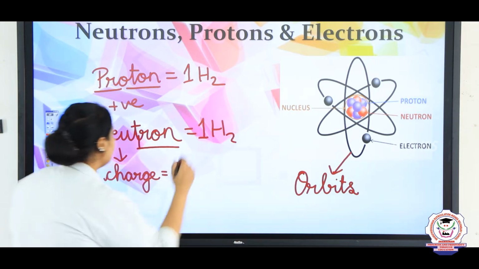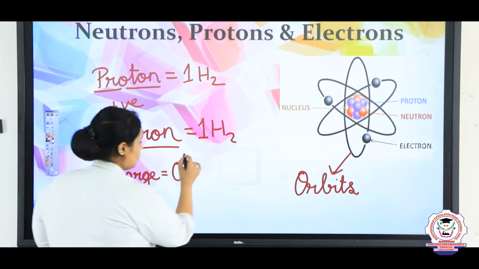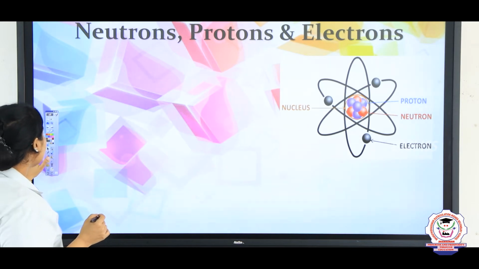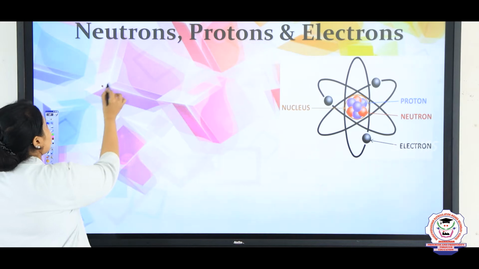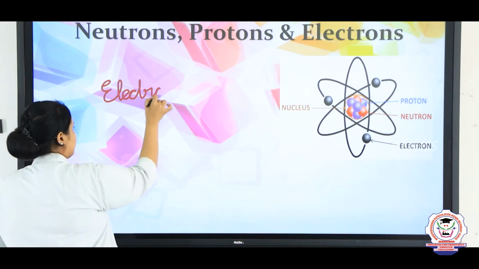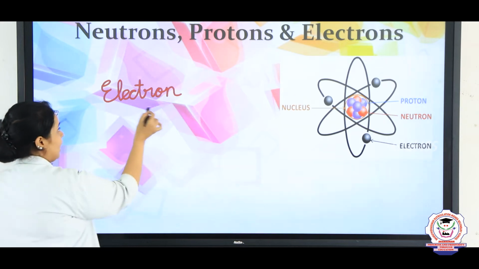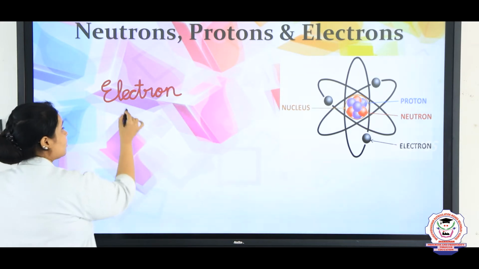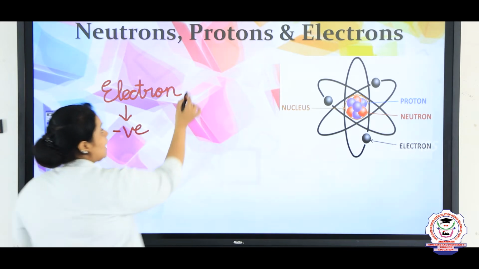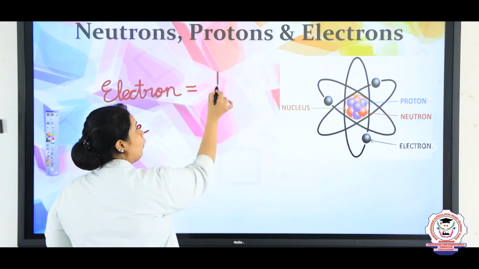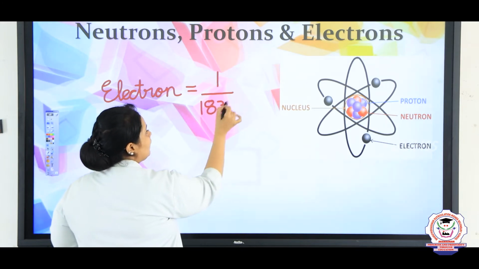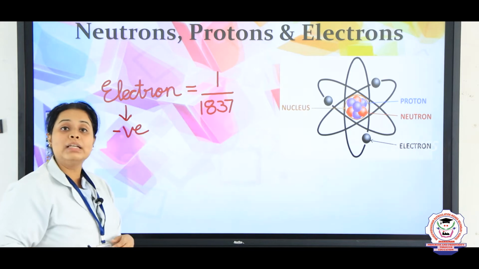An electron is a negatively charged particle with a mass of 1 divided by 1837 times that of a proton.